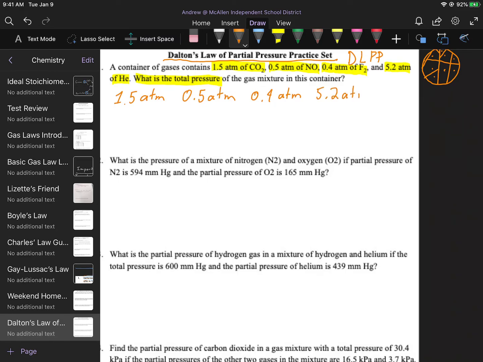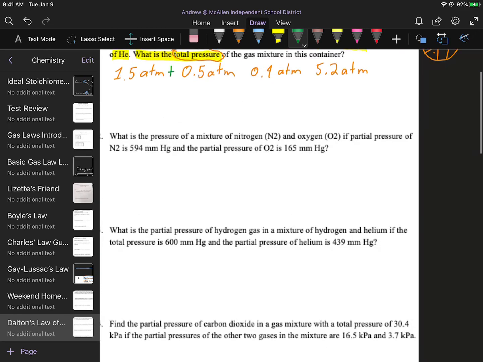Now, these are the pressures of the individual gases. We want the total pressure. So we're going to take these pressures and we're going to add them. We're going to take the pressures of all of our individuals and add them up to find the pressure of our total. So 1.5 plus 0.5 plus 0.4 plus 5.2.